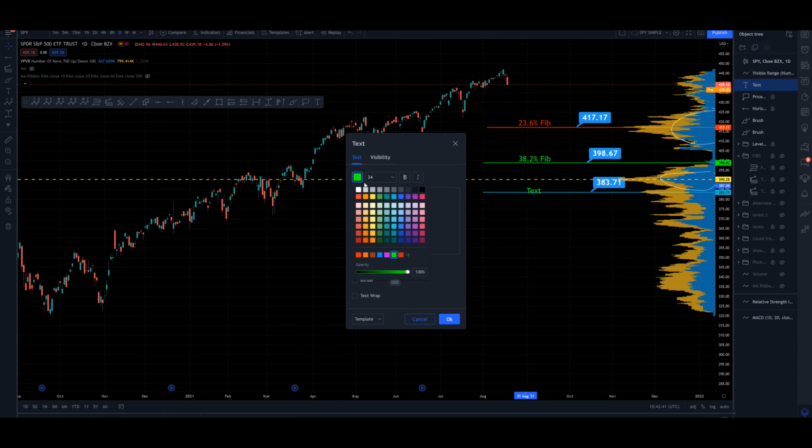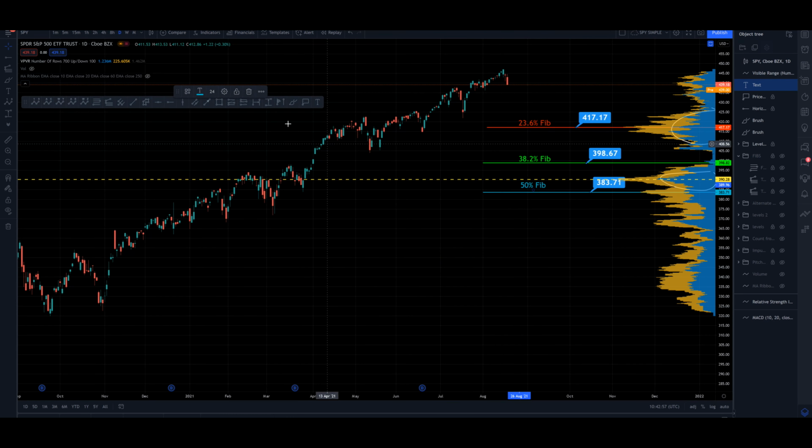We use our corresponding colour so we instantly know what we're looking at. 50, oh no, I'm typing the interval, don't want to do that. 50% fib. Okay, and we'll lock that in place.